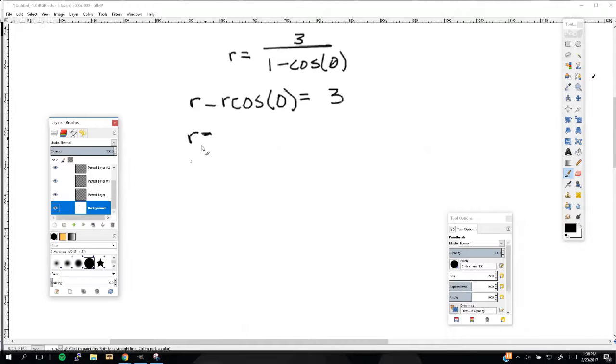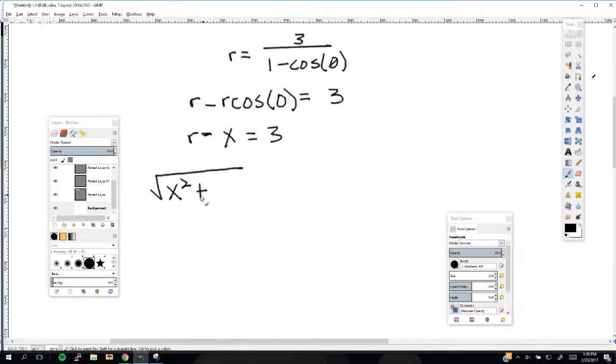Our r cosine theta would become x, so r minus x equals 3, and then we could turn r into the square root of x squared plus y squared.